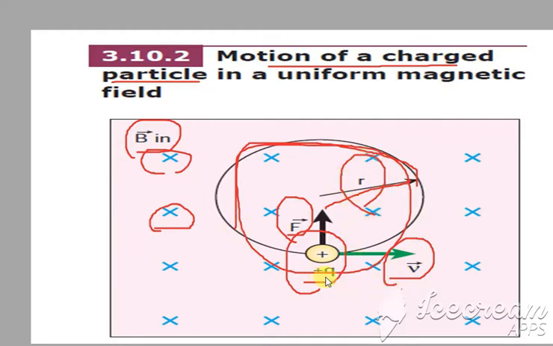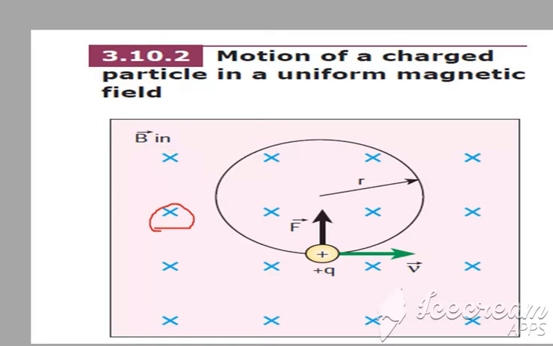So whenever we are considering a charged particle which is moving in the magnetic field, we can say that the particle will move in a circular path, and also it experiences a force. That force is said to be what? Lorentz force. Already we have seen the formula for Lorentz force, is it not? That is given by F is equal to Q into V cross B. So that formula we are going to take first.